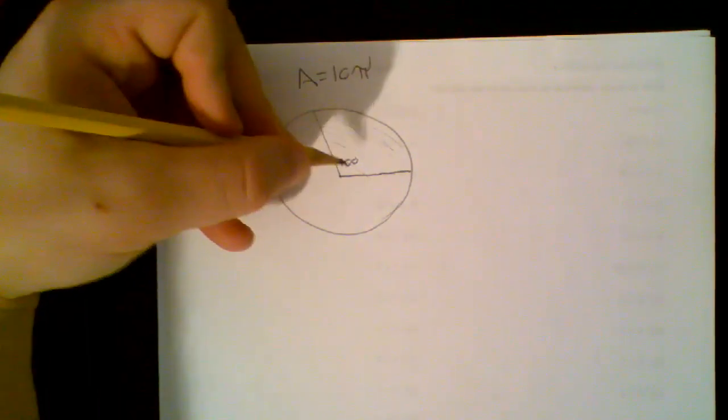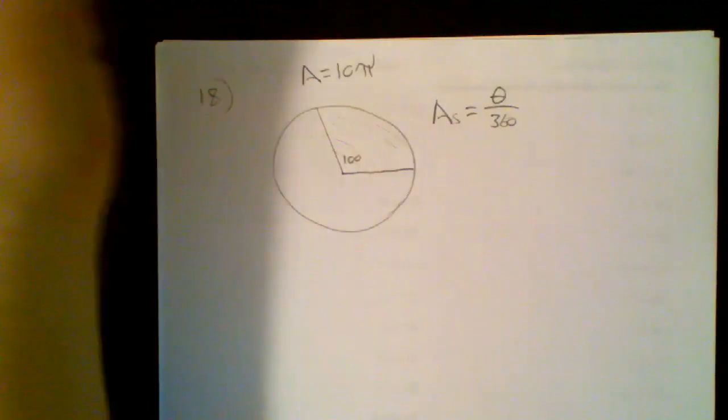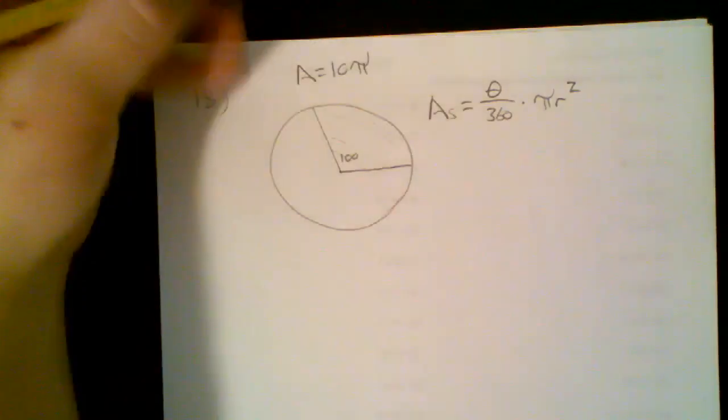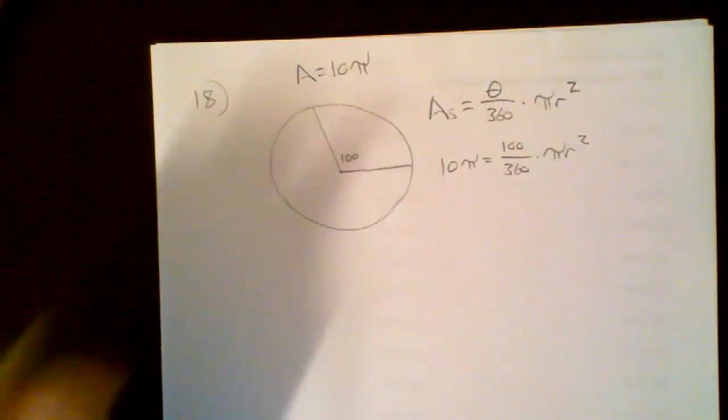They're giving us degrees this time, so we're going to say the area of the sector is equal to theta over 360 degrees times pi r squared. So we have 10 pi equals 100 over 360 times pi r squared.